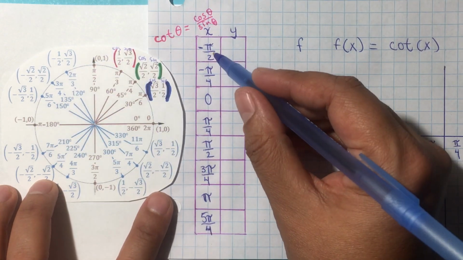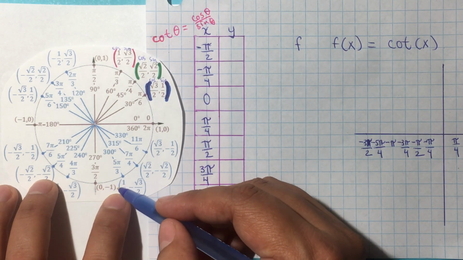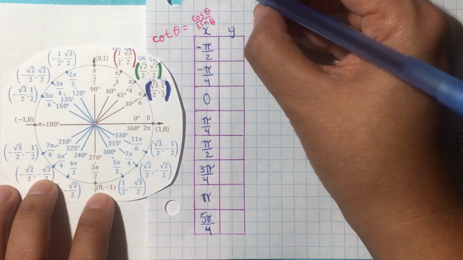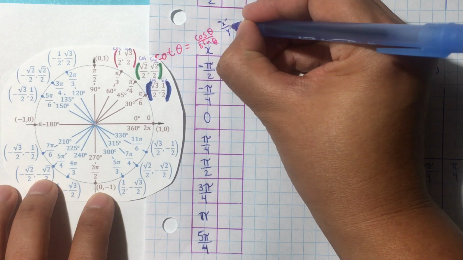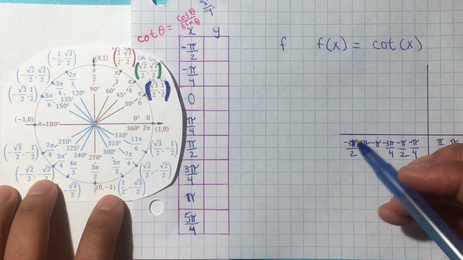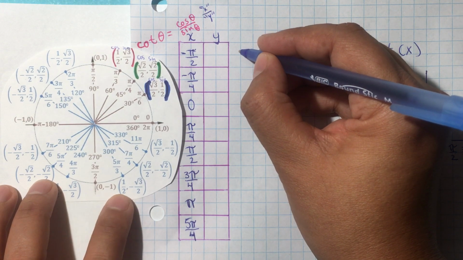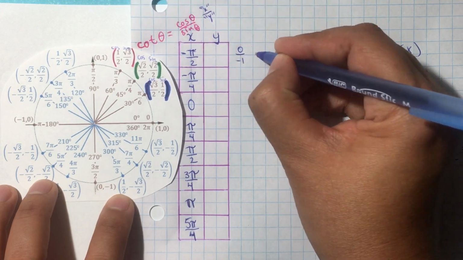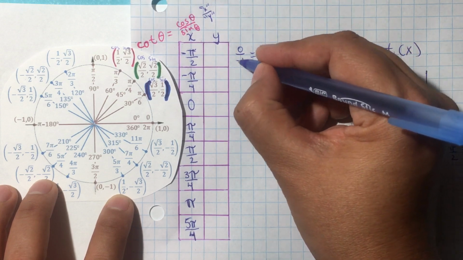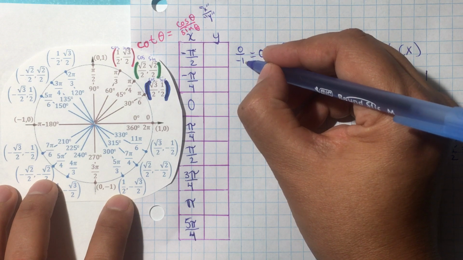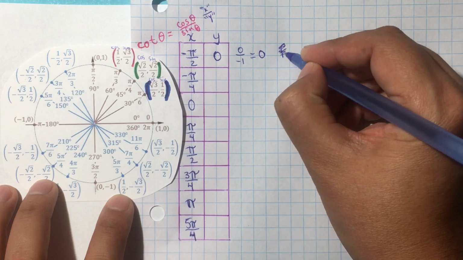So negative pi over 2, you go back to here, and it's cosine over sine. Now we're going to look at the x value on top divided by the y value on the denominator. So let's start right here. It's going to be 0 divided by -1. Any time you divide 0 by anything, except 0, the answer will be 0.